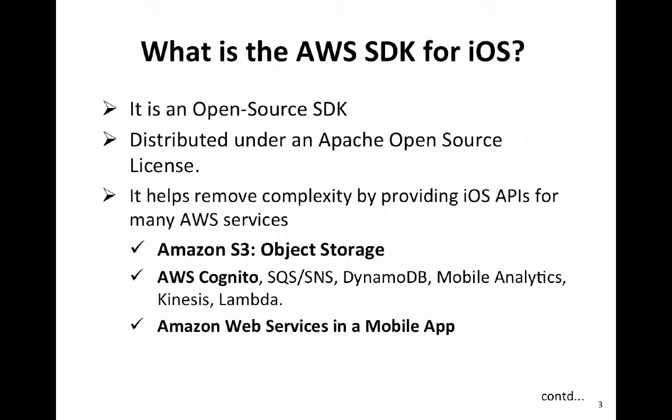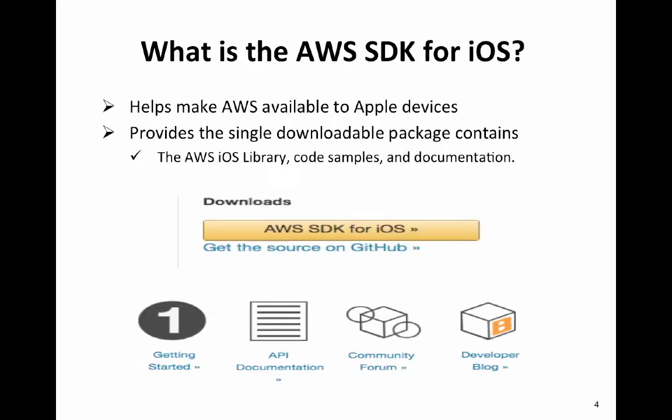It helps remove complexity by providing iOS APIs for various types of Amazon Web Services, such as Amazon S3 Object Storage, Cognito, SNS, DynamoDB, Mobile Analytics, Kinesis, Lambda, and other Amazon Web Services in a mobile app. The SDK helps make AWS available to Apple devices.